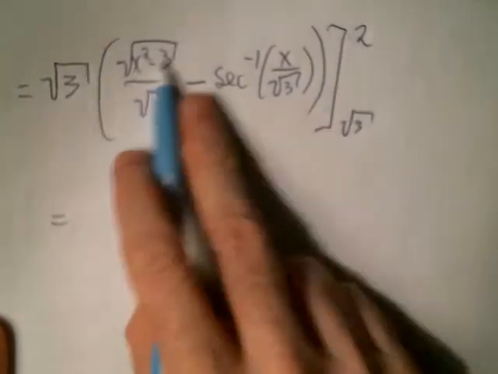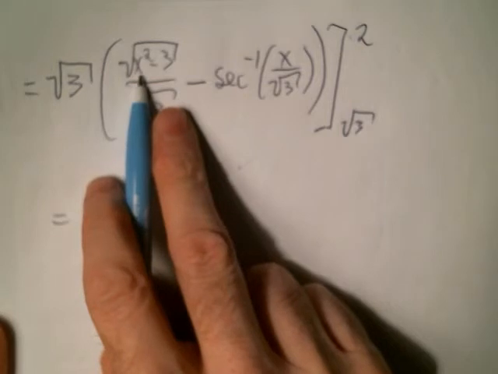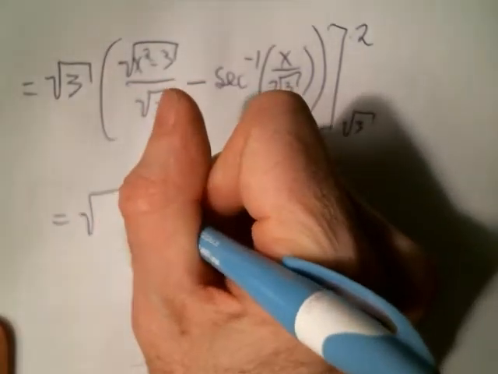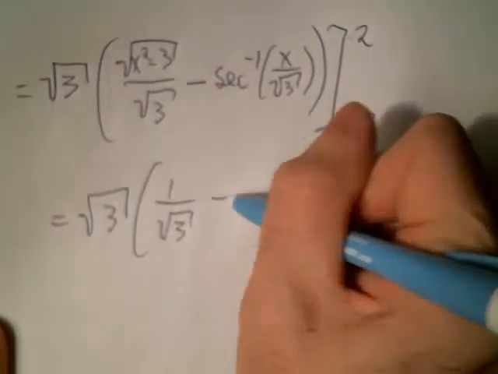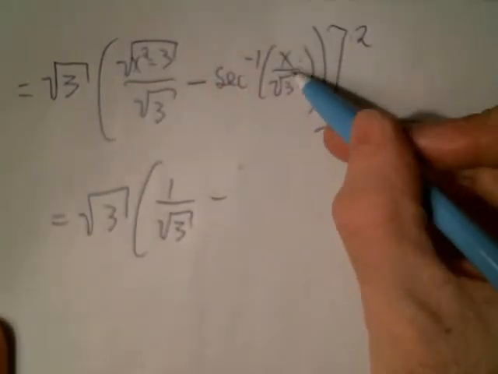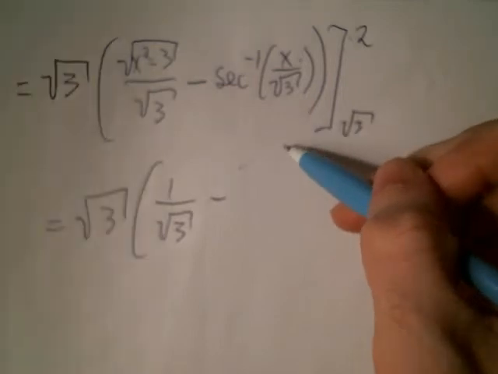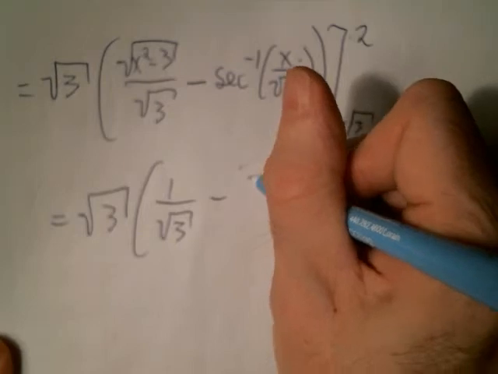Okay, so if I put in 2, I get radical 4 minus 3, so radical 1, which is 1 over root 3, minus, if I put 2 into here, 2 over root 3, secant inverse of that is pi over 6.